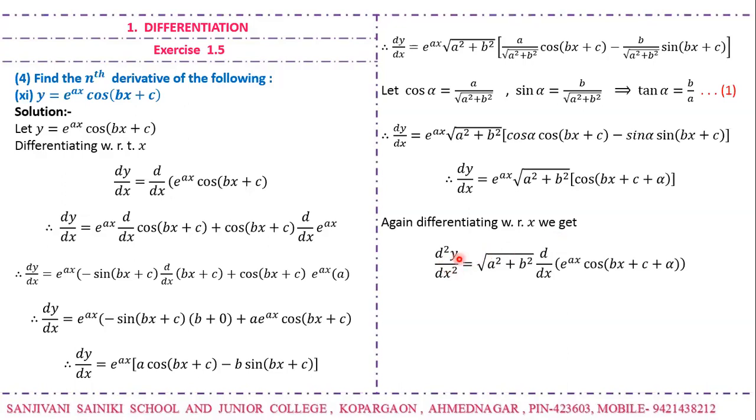So d2y by dx square is equal to root a square plus b square, which is constant, so we can keep it outside. Then the derivative of e raised to ax cos(bx plus c plus alpha). Again there is a product of functions, so we have to use the product rule: curly bracket, first function as it is, derivative of the second, plus second function as it is, derivative of the first function.